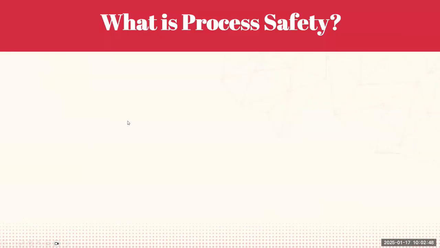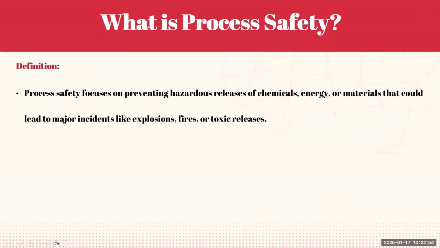Let's start by defining process safety. So what is process safety? Well, process safety focuses on preventing hazardous release of chemicals, energy, or materials that could lead to significant incidents like explosions, fires, or toxic releases. It's about how to manage these risks in an industrial process.